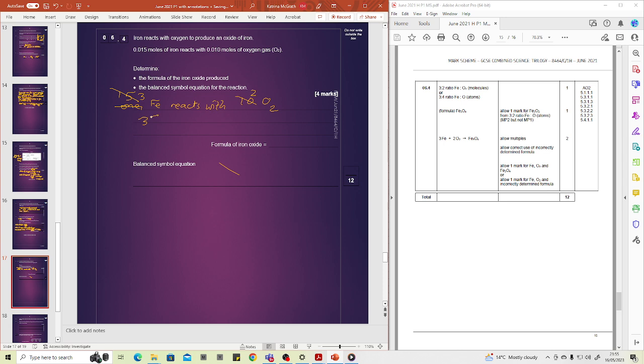So 3 Fe reacts with 4 O. So the formula must be Fe3O4. And the balanced symbol equation is 3 Fe plus 2 O2 makes Fe3O4, just like we did in our working. There you go, not too bad.